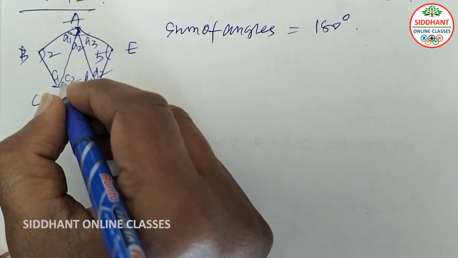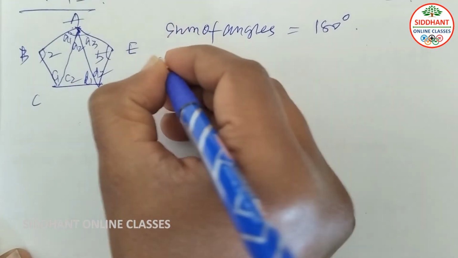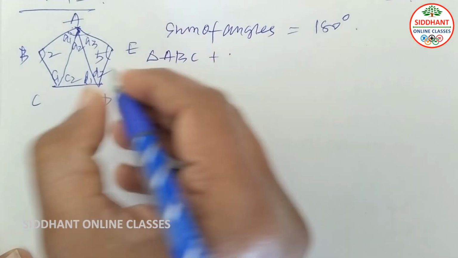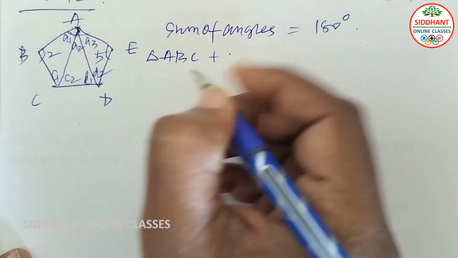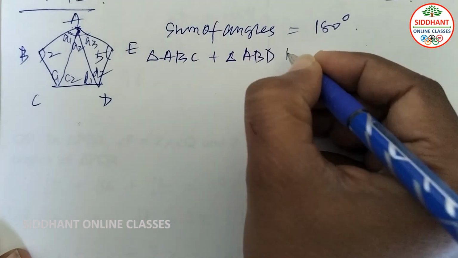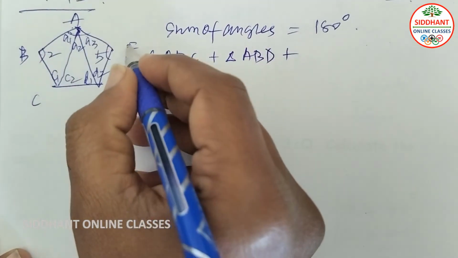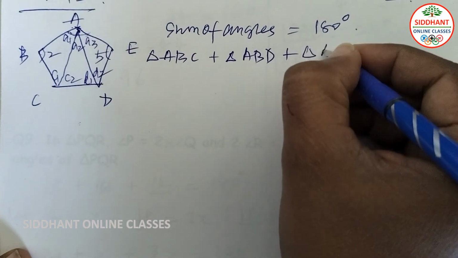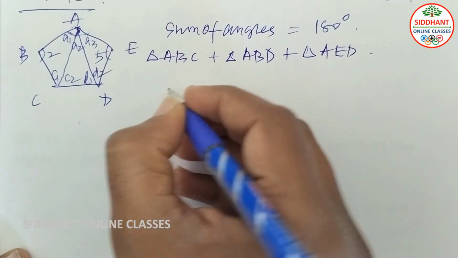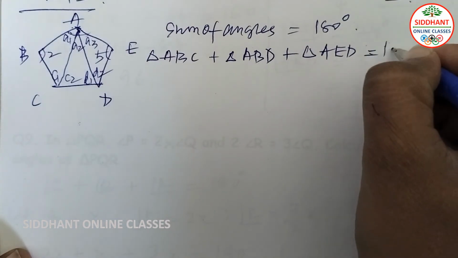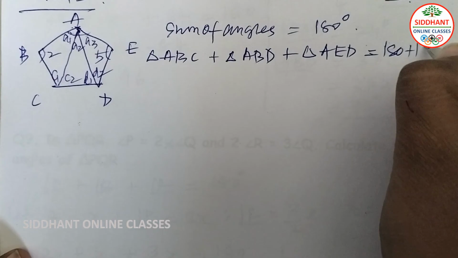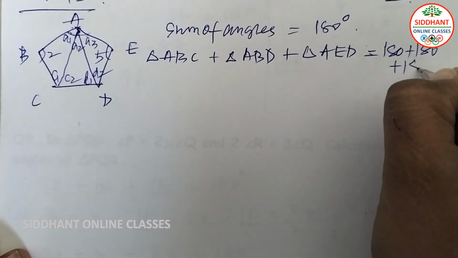So triangle ABC, this ABD, and another is AED. So this will be 180 plus 180 plus 180 here.